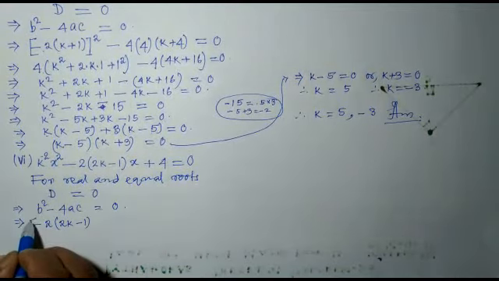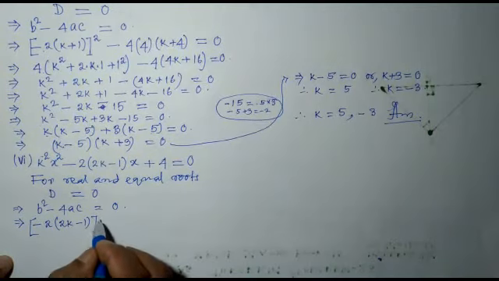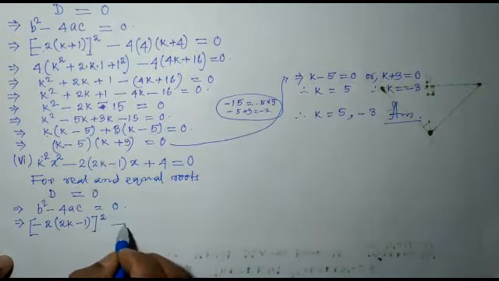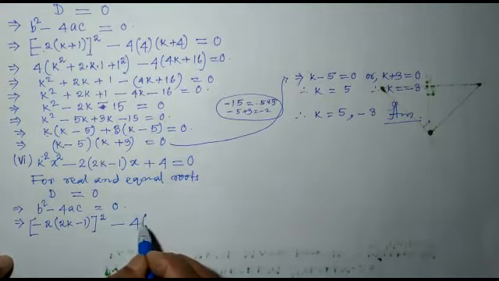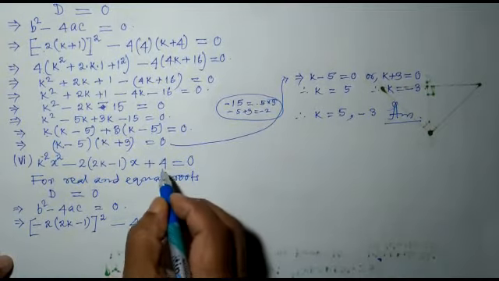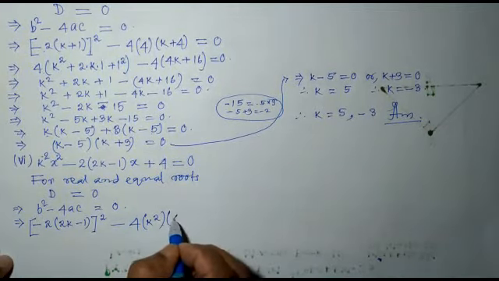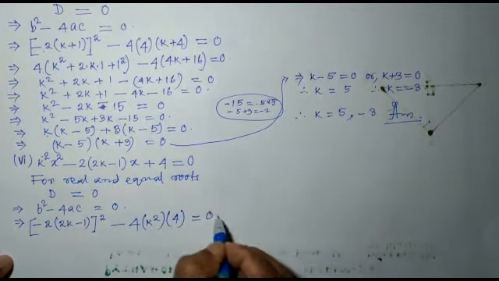Then b square will be, use here third bracket because already first bracket is there. So this is b square minus 4, this 4 will come, and write the value of a, it is k square, and then write the value of c, it is 4. Then is equal to 0.